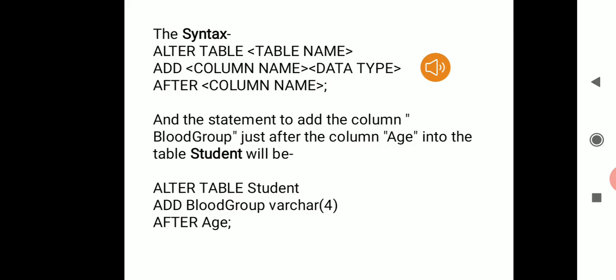That means from this statement, alter table student, add blood group varchar4 after age, we come to know that the column blood group of data type varchar4 will be added into the table named student just after the column age.